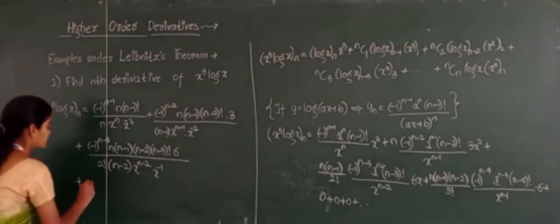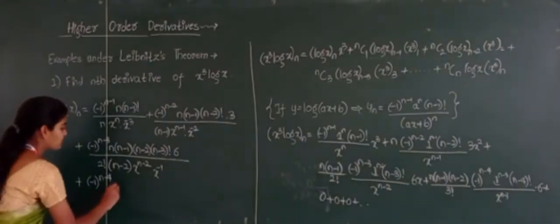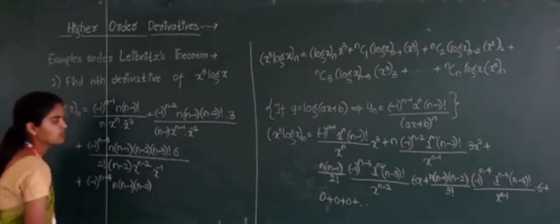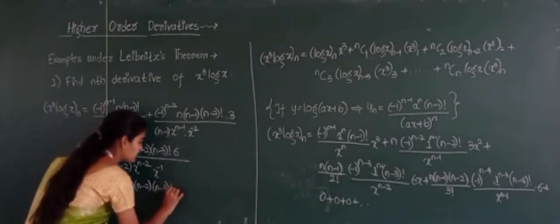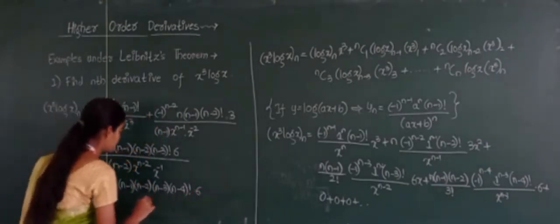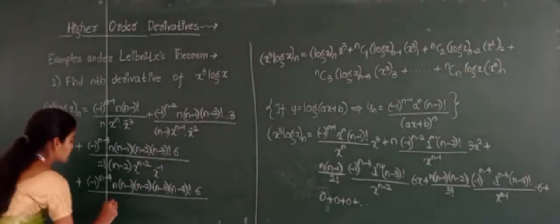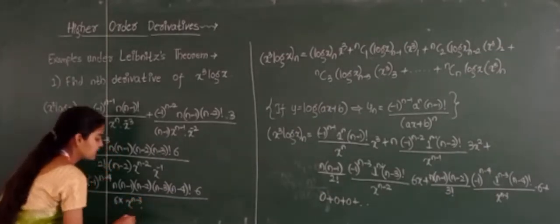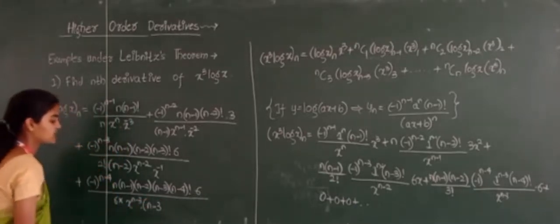Next term, minus 1 raised to n minus 4, and taking that n into n minus 1, n minus 2 with respect to n minus 4 factorial, and here I will multiply and divide by n minus 3, and we get n minus 4 factorial into 6 whole divided by, yes, what is that? 3 factorial is 6, I will write. Again x raised to n minus 3 into, yes, this n minus 3. Only this term we are left with.